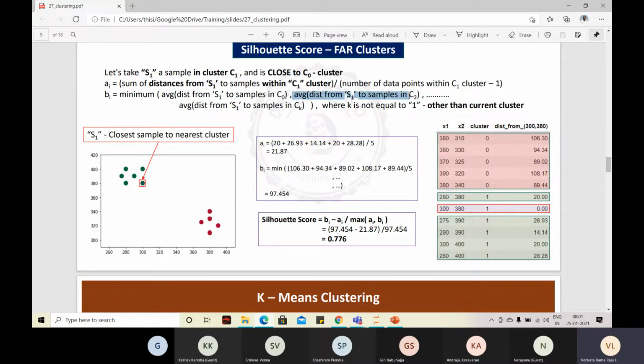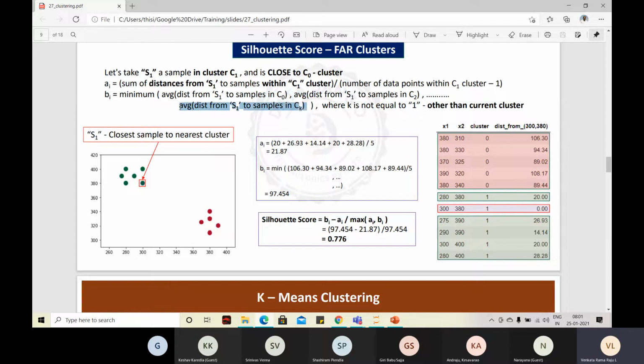I'll take the average of that also. From this data point to C2 I'll calculate, take the average, and keep it aside like that.